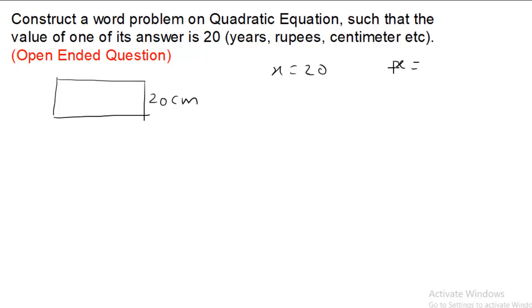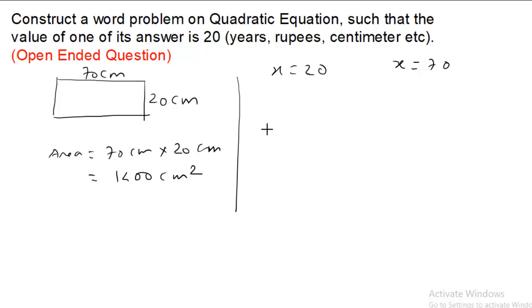Let us consider the other solution of the quadratic equation as, suppose, 70 once again. So we can consider the 70 as the length of the rectangle. Now by simple calculation we can get its area as 70 centimeter into 20 centimeter, that is equal to 1400 centimeter square.